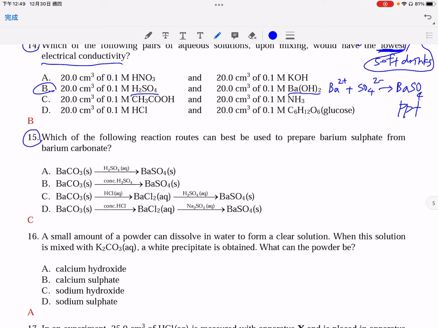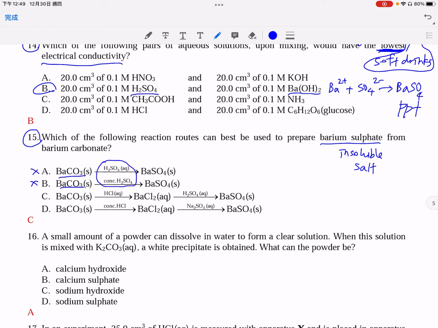First of all, make sure you know that barium sulfate is an insoluble salt, and it should be prepared by mixing two solutions instead of just adding acid to a certain insoluble compound.